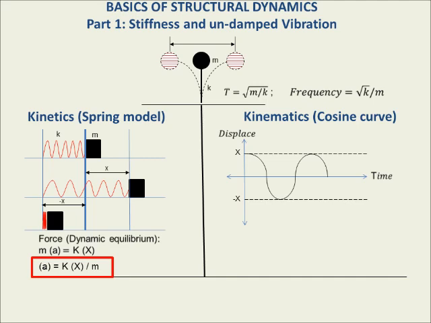And then as time goes on, time represented on the horizontal axis, we see that this goes from x back towards the neutral position, right? The position of equilibrium, and then it goes down to negative x, and then it comes back up to the neutral position, and then passes that and goes up to x again, and then down, the way in which we've intuited before on the left-hand side.